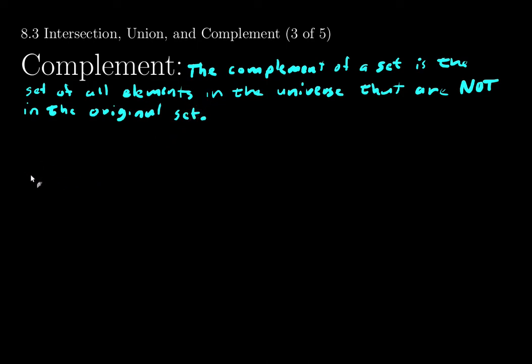Now, we can notate this a few different ways. So intersection was and, union was or, complement is not. So not A, or the complement of A, is going to be the set of all elements such that those elements are in the universe, and those elements are not in A.